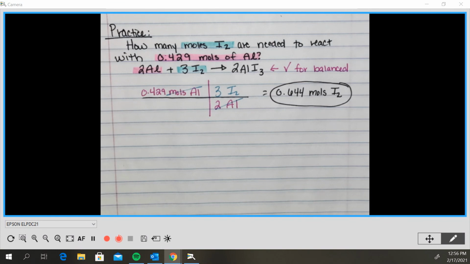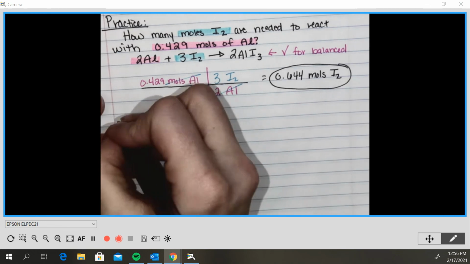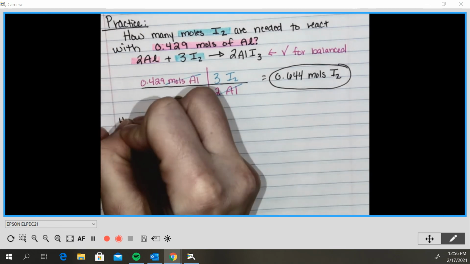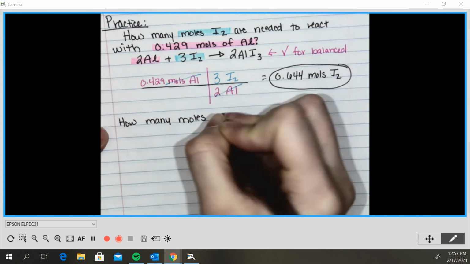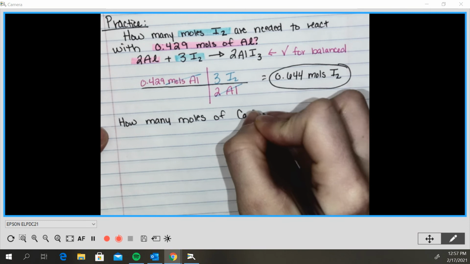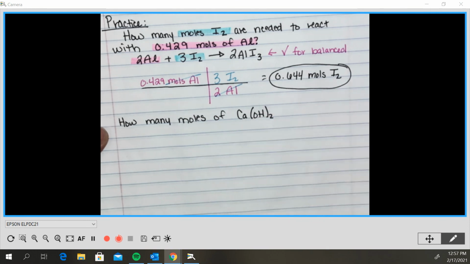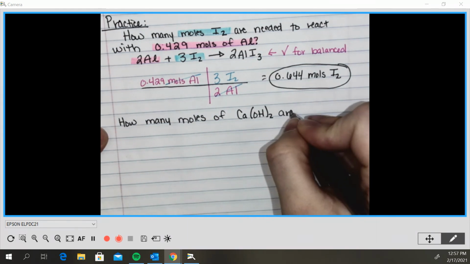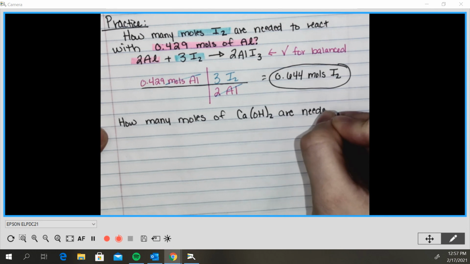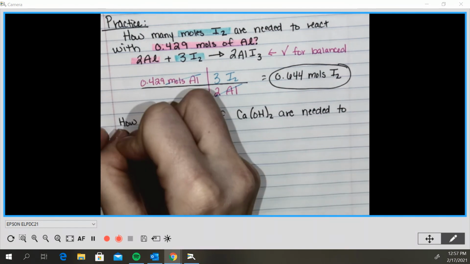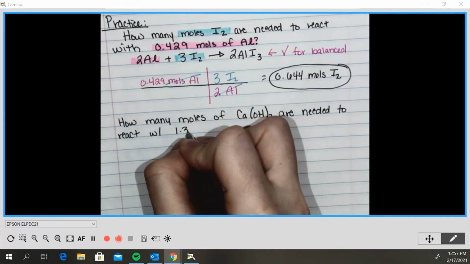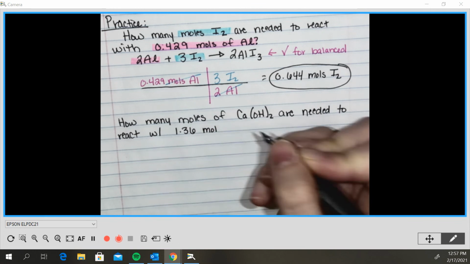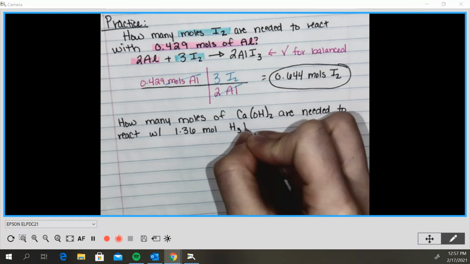Awesome. All right, second practice problem, and it's going to be our last one for the day. How many moles of CaOH2 are needed to react with 1.36 mole H3PO4?